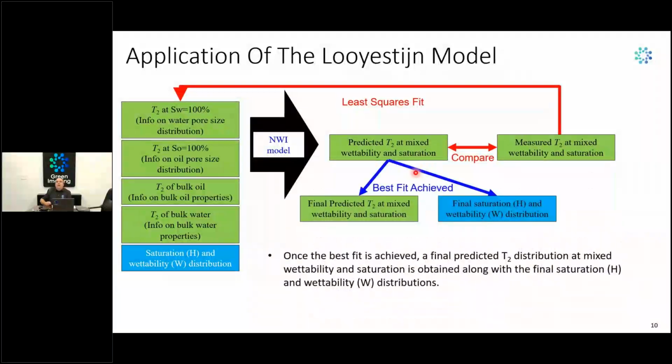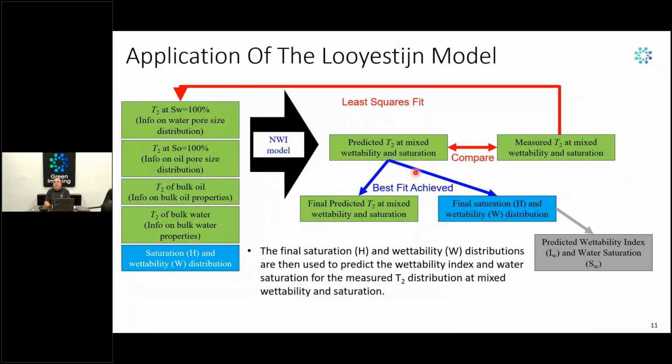Once you've done that, you've got a final predicted mixed wettability T2 distribution, and you have the final H and W functions. Then you can use those final H and W functions to predict the wettability index and the water saturation. This is what we've done with our model.